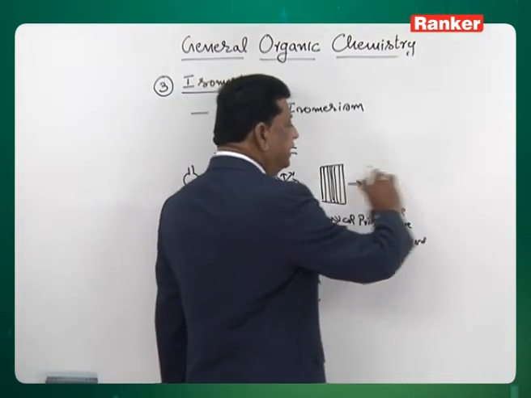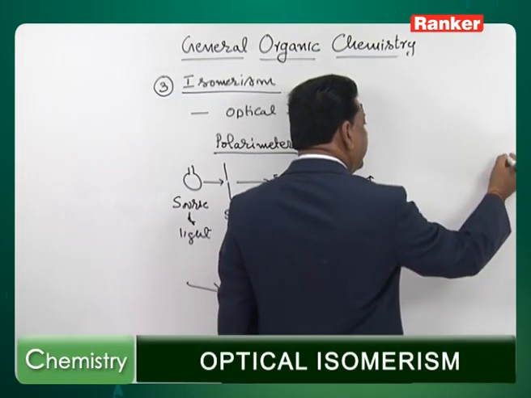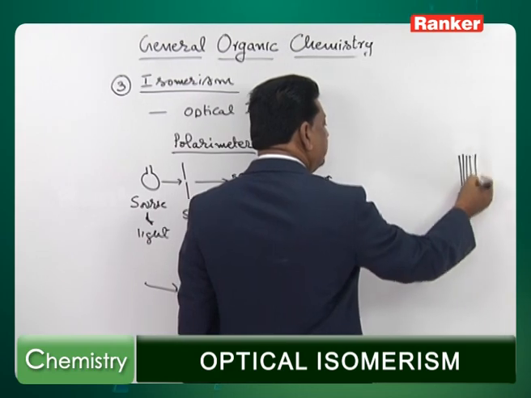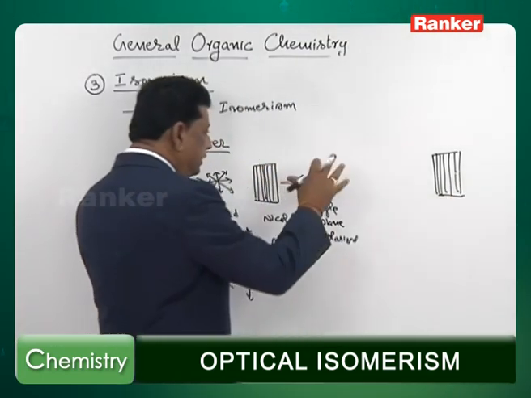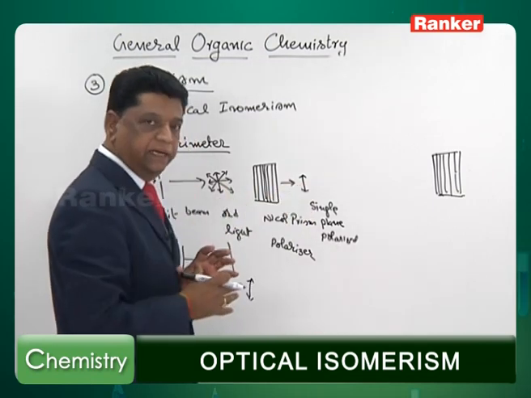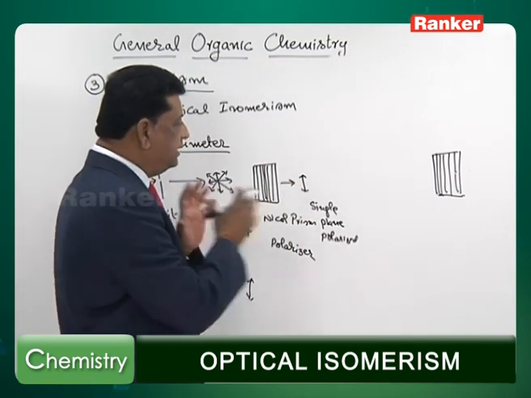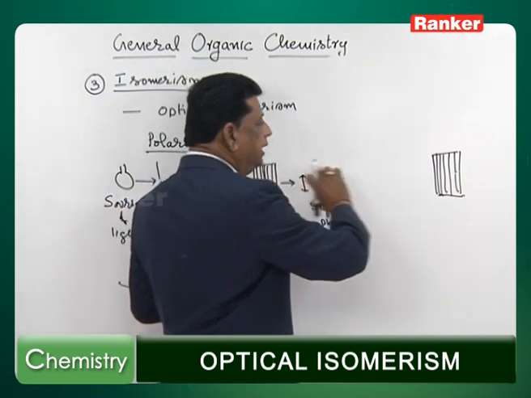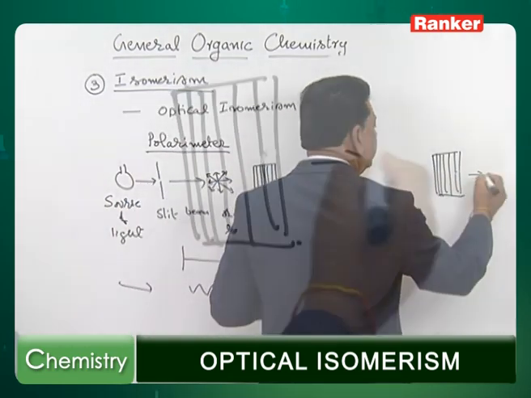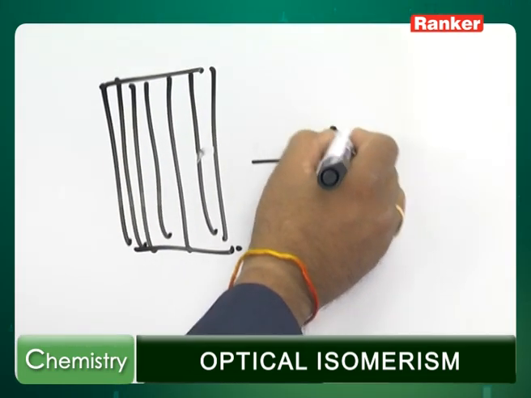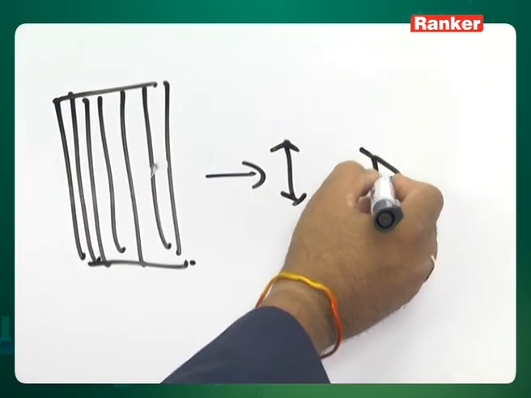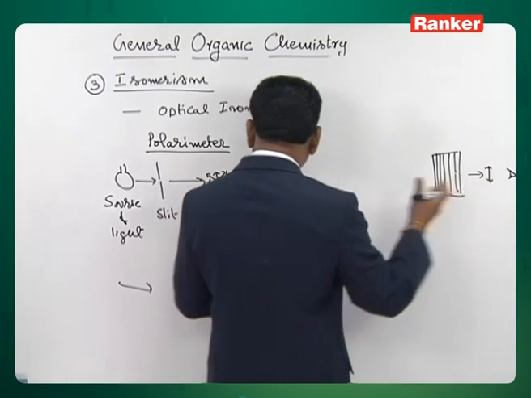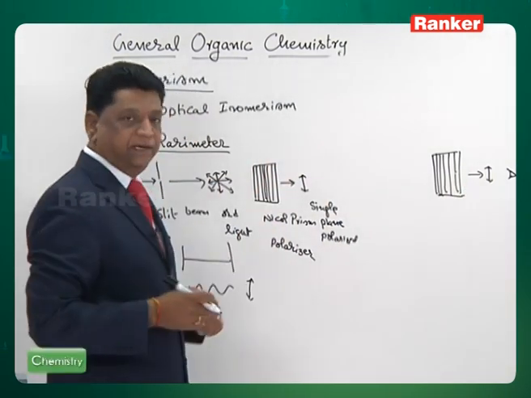Now this light is allowed to pass through another window which also has grills in the same direction. In fact, the other grill coincides, that is, we arrange it in such a way that the light simply passes through in the same plane and reaches your eye here, so that you can find the light is there.